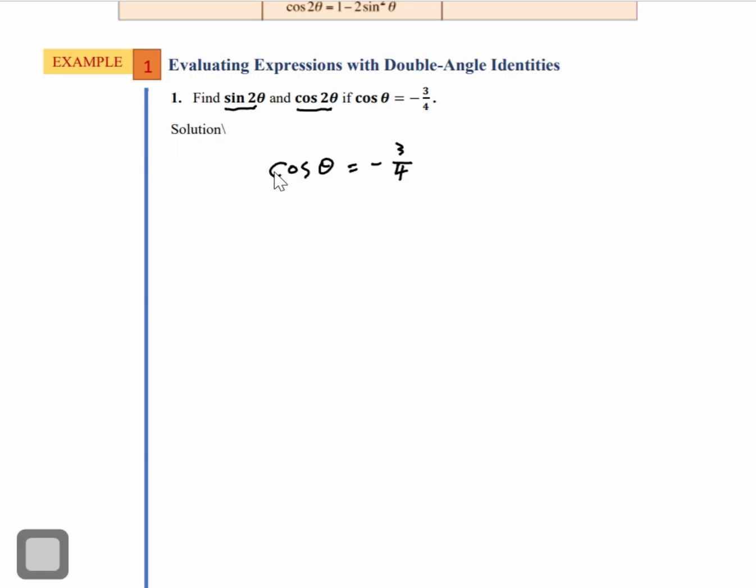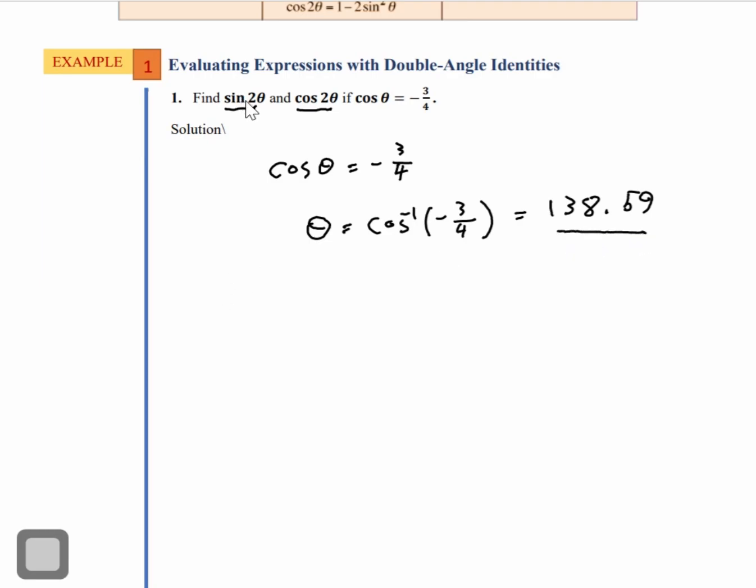We take cosine inverse for both sides, so theta equals cosine inverse of negative 3 over 4. By calculator, this equals 138.59. So we found theta, which equals 138.59.